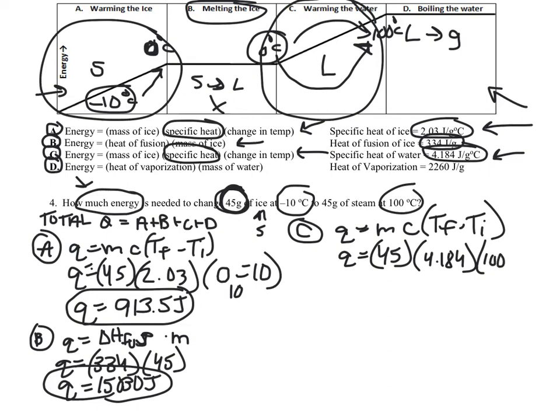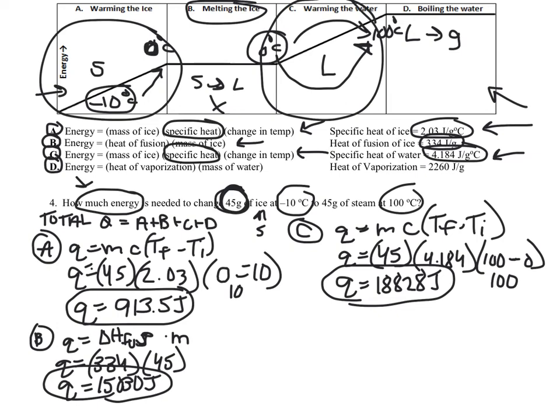So that means you're going to end at 100 minus the starting of 0, which is just a 100 degree change. All right, now that I have that, I'm going to multiply 45 times 4.184 times 100. And what I end up getting in my calculator is about 18,828 joules.